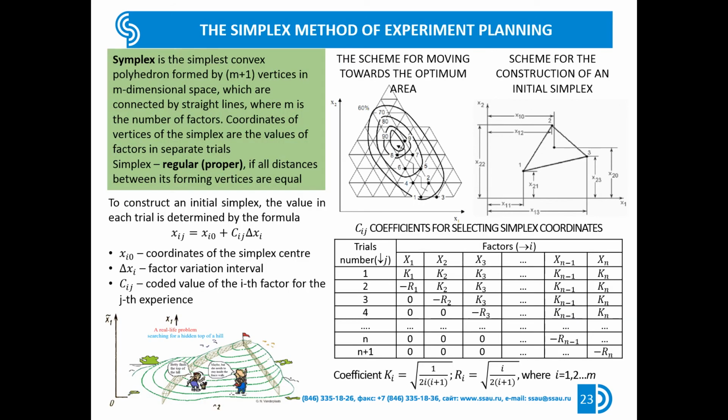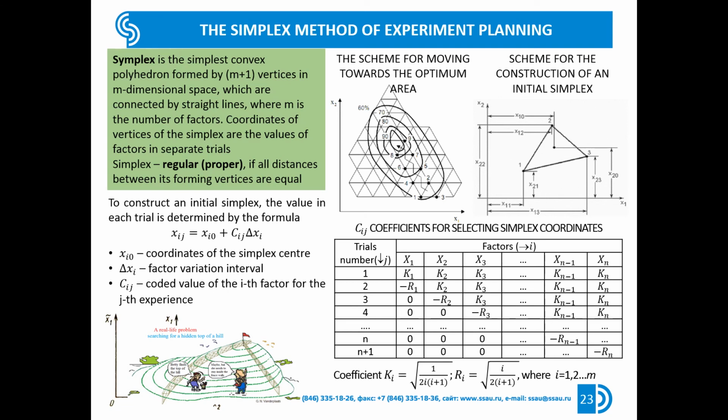The simplex planning method uses a special simplex experiment plan and refers to gradientless methods of finding the optimum. A simplex is the simplest convex polyhedron formed by m+1 vertices in m-dimensional space, which are connected by straight lines, where m is the number of factors. In this case, the coordinates of the vertices of the simplex are the values of the factors in separate trials.